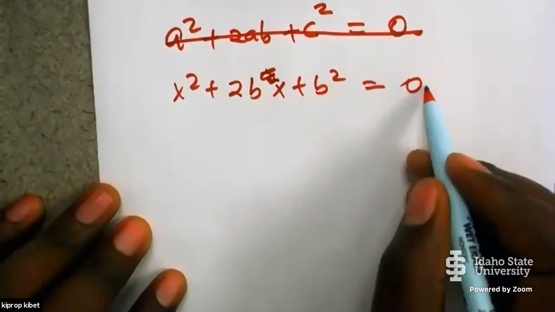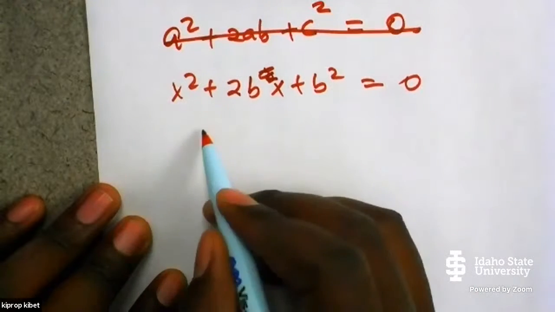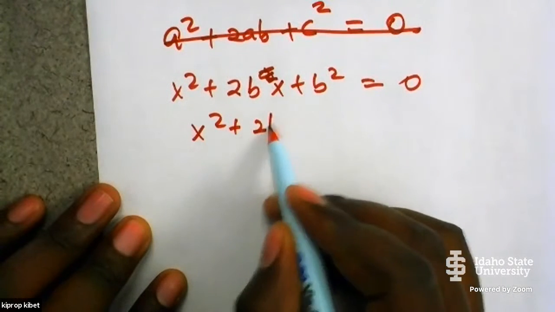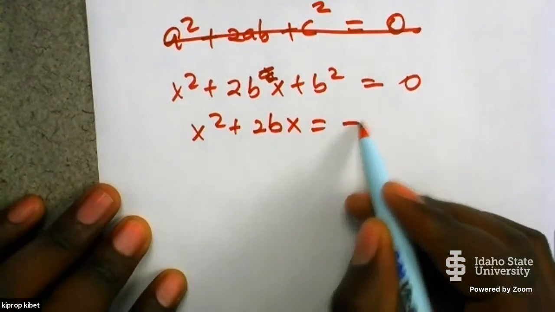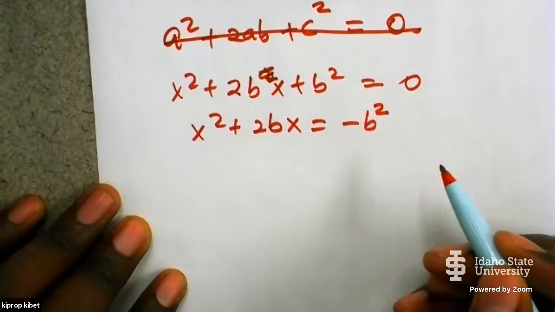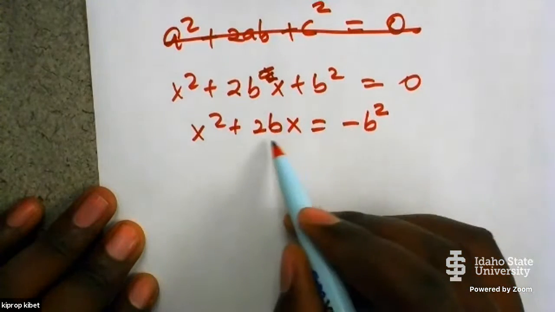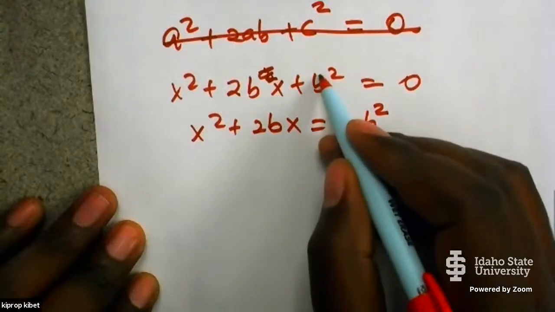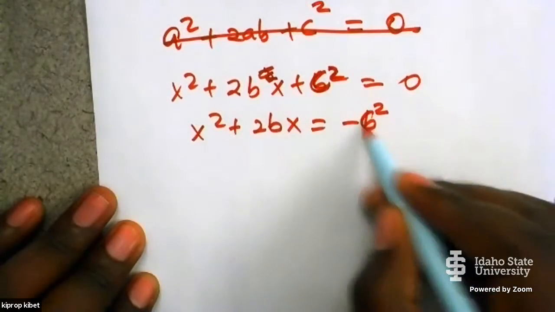First of all, we take this one to the other side. So x squared plus 2bx equals minus c squared.